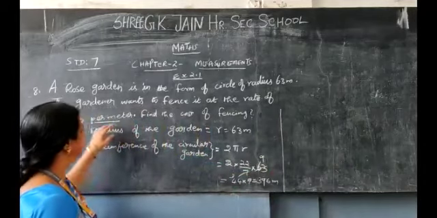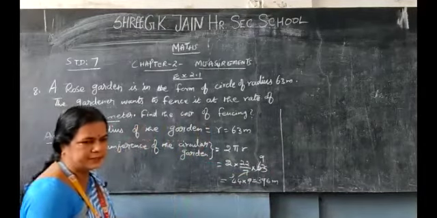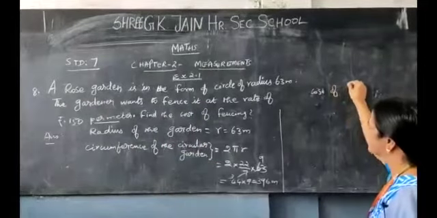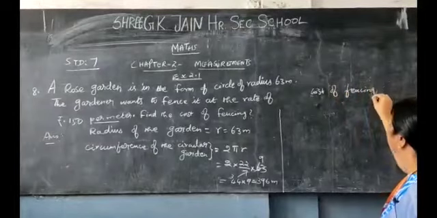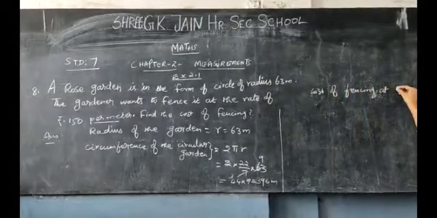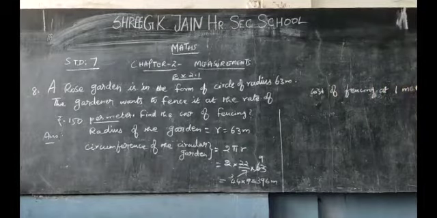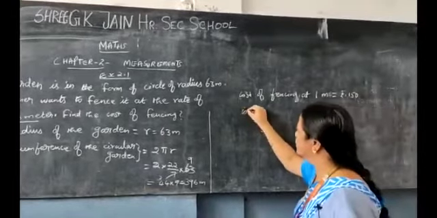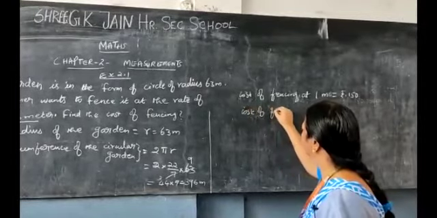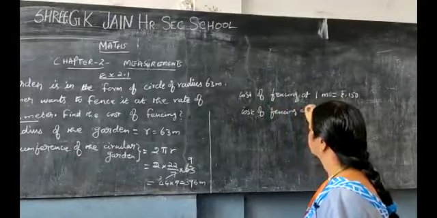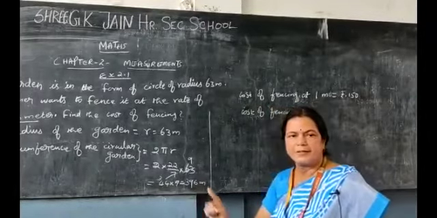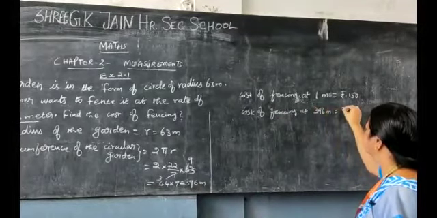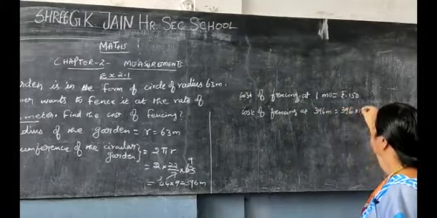We are going to find out the cost of fencing now. At 1 meter equal to how much? Rupees 150. So the cost of fencing at 396 meter, we multiply 396 into 150.